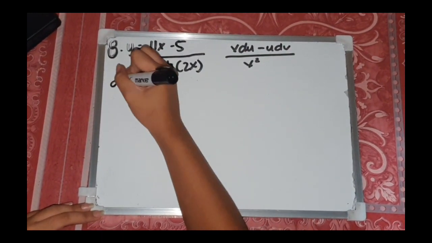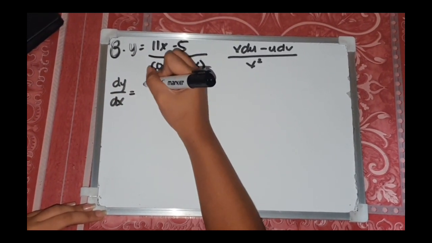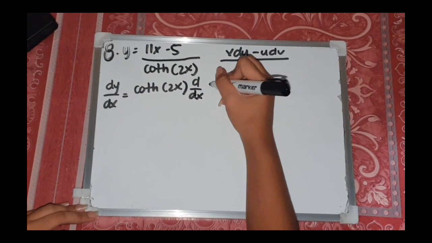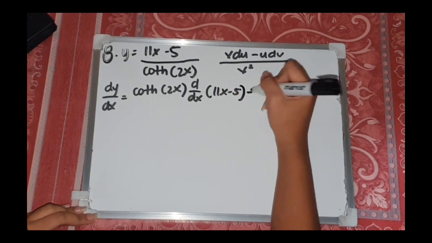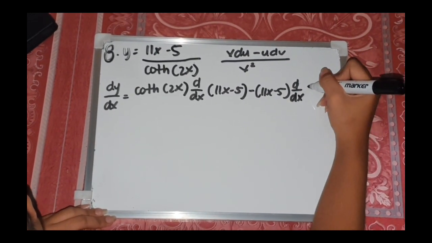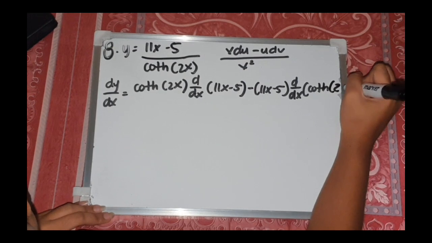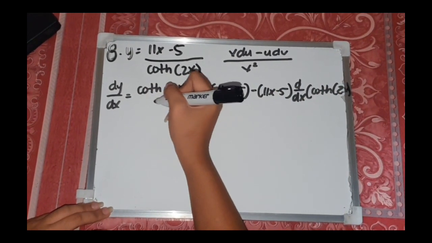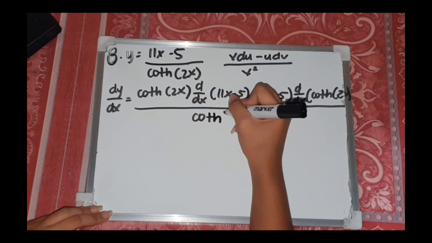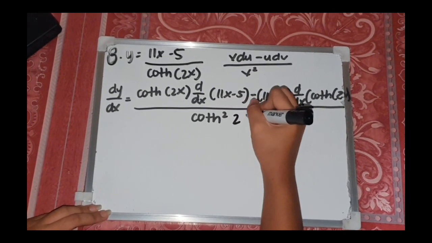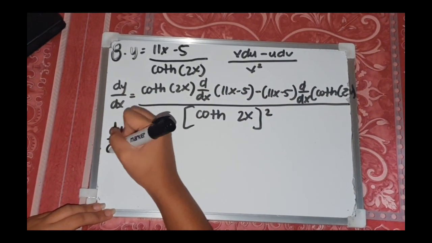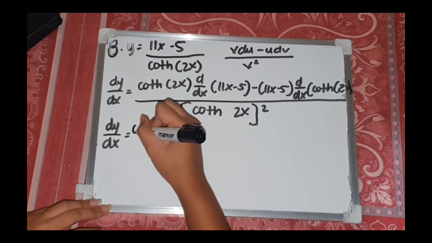So dy over dx is equal to hyperbolic cotangent 2x times the derivative of 11x minus 5, minus 11x minus 5 times the derivative of hyperbolic cotangent 2x, all over hyperbolic cotangent 2x squared, and then simplify.